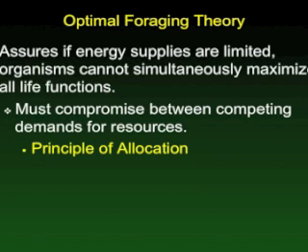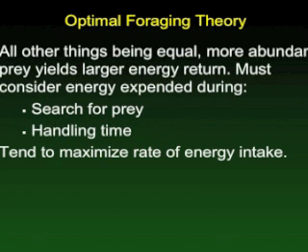So based on optimal foraging theory, as prey density increases, animals should be getting a larger energy return from that. But they really need to consider the time that it takes to search for the prey and the amount of time that it takes and energy that it takes to handle the prey.